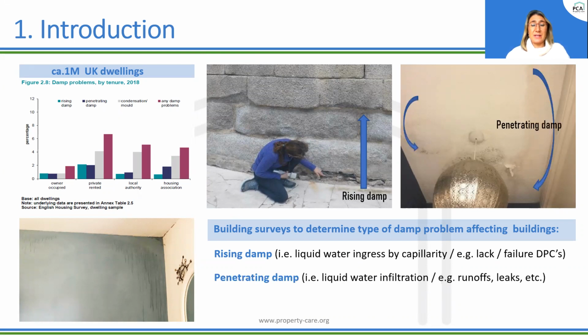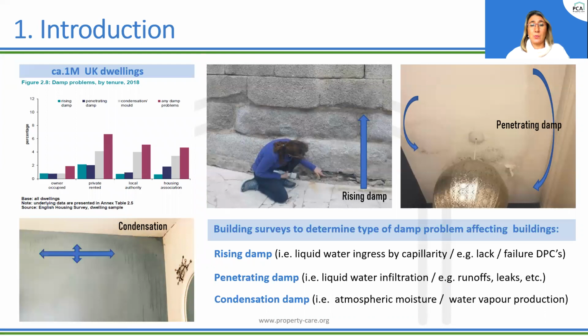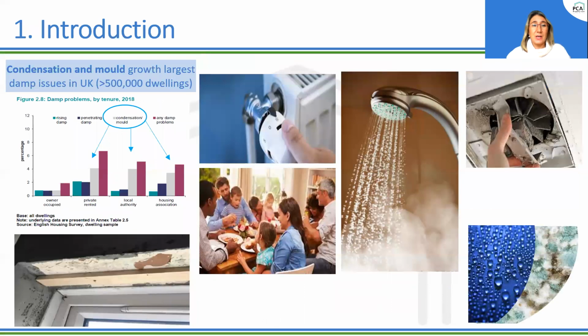We can have penetrating damp from liquid water infiltration through runoffs or water leaks. And then we can have condensation damp from atmospheric moisture or water vapor production. Actually, condensation and mold growth is one of the largest damp problems in the United Kingdom, with more than 500,000 properties affected by these issues.